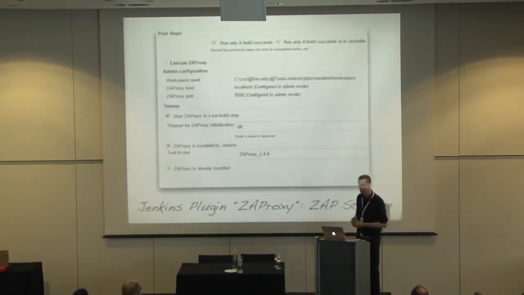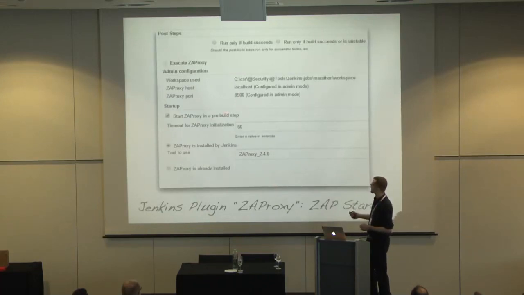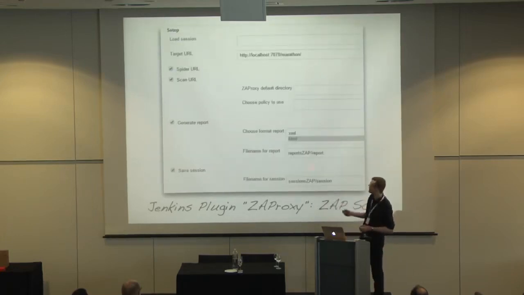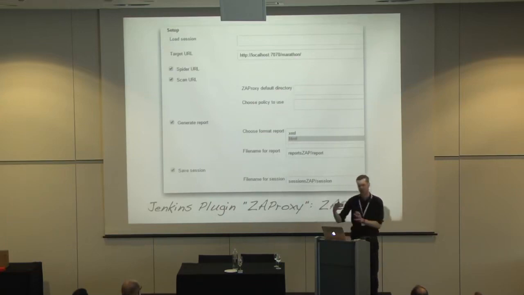If you configure that in Jenkins, you can define on what port ZAP should be started during that Jenkins build, and after that you can configure in the build step within the Jenkins plugin the URL of where to attack the target from the outside.